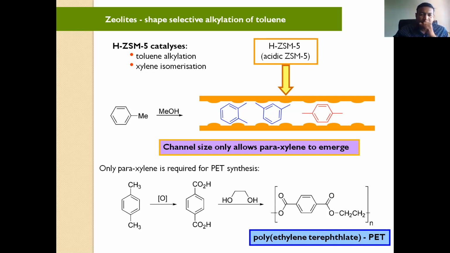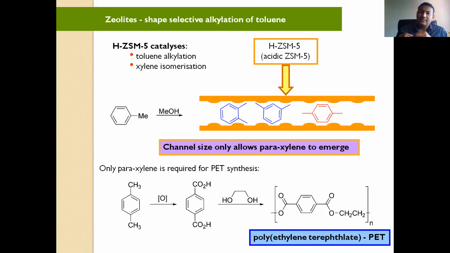So here the industry is using this ZSM5 catalyst because the size of this benzene and the pore of this ZSM5 catalyst is exactly matching. So this toluene will go inside the zeolite cage like I have shown here in the picture, and then there will be alkylation.